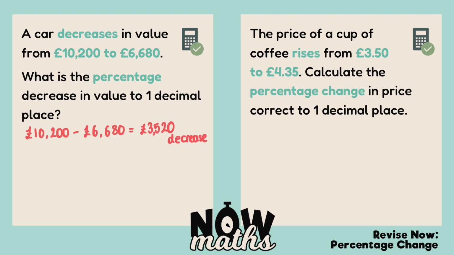What we need to know is what percentage the £10,200 has decreased by. So we're going to write 3,520 as a fraction of 10,200.